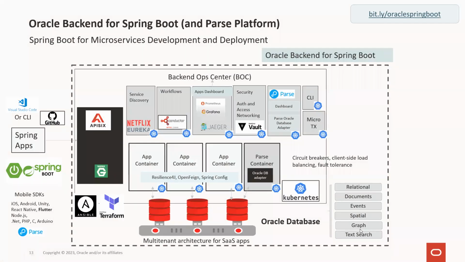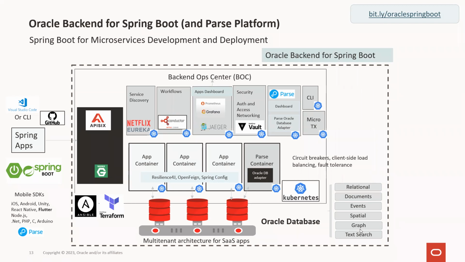So this is a picture of what actually gets deployed when you deploy the Oracle backend for Spring Boot on the Parse platform. The gray boxes on top are what we call the backend ops center: the service discovery, the workflow, the apps dashboard, the security, Parse, the transaction manager, and the CLI itself has the service there, which we talked about. That gets deployed in the Kubernetes cluster.